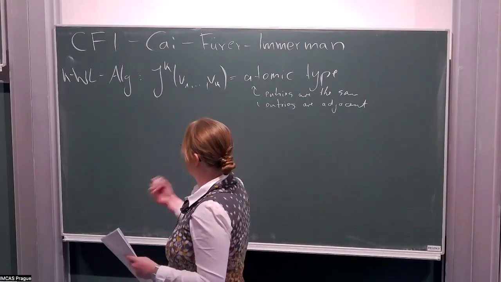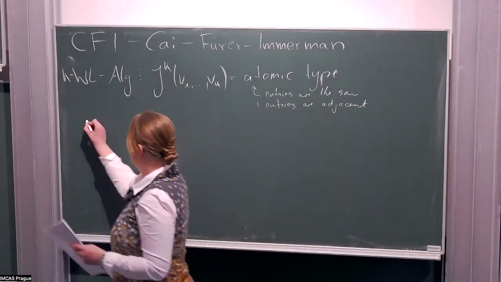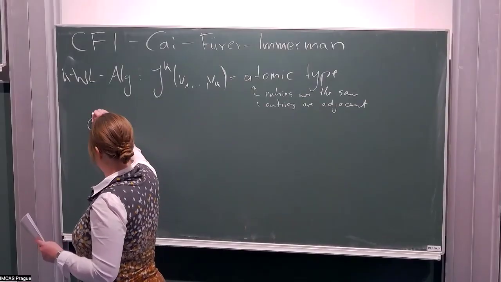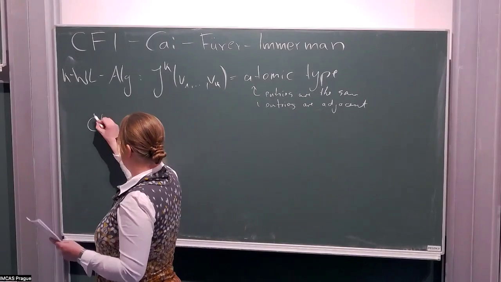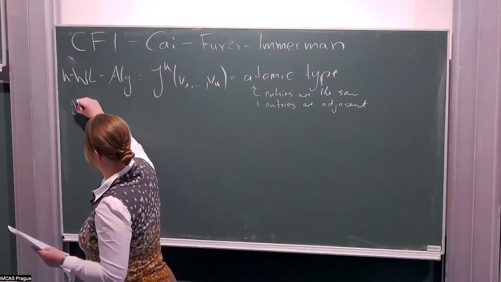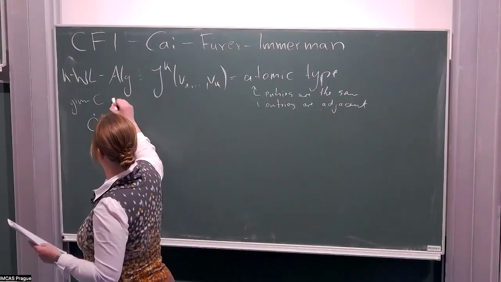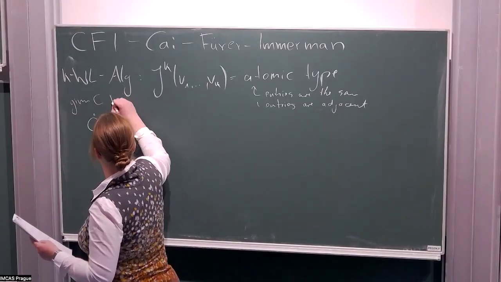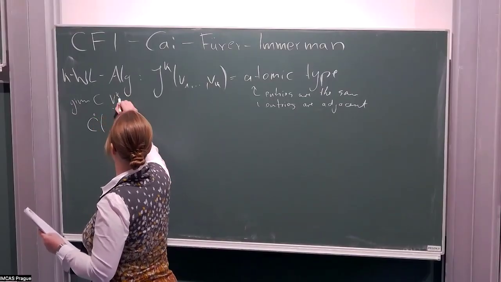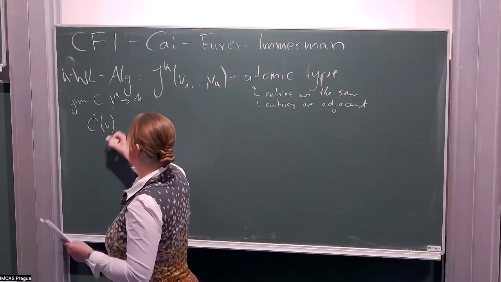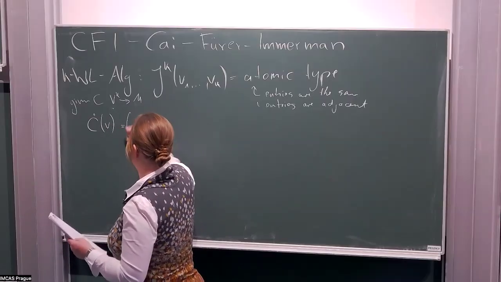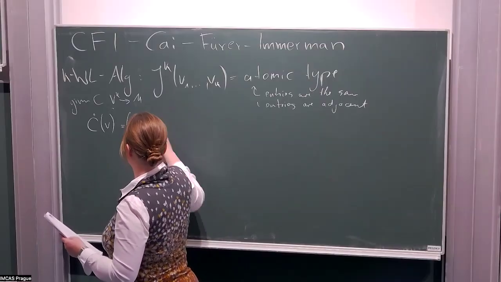So there is the color refinement step. Given a coloring C in some set of colors, the new color of a vertex is the tuple of the old color.